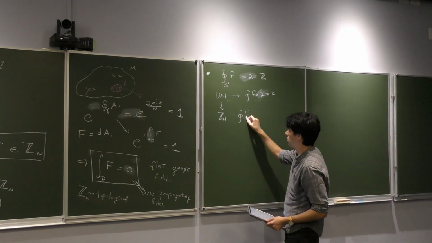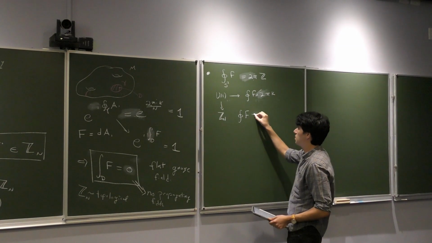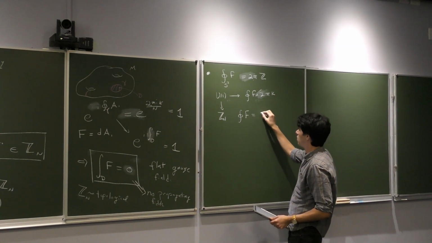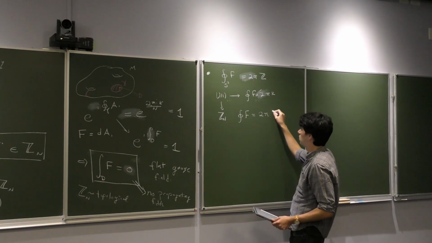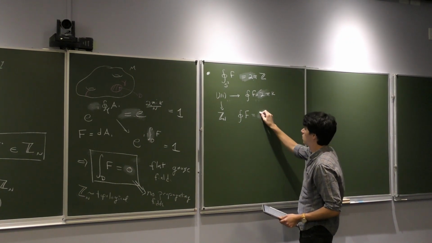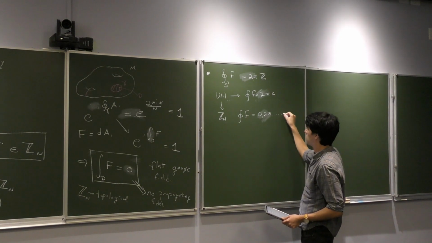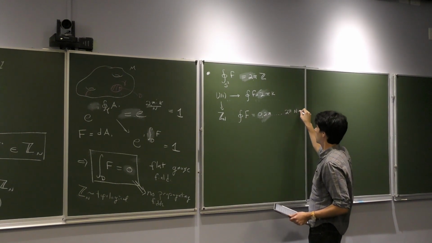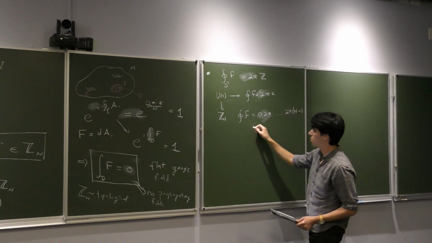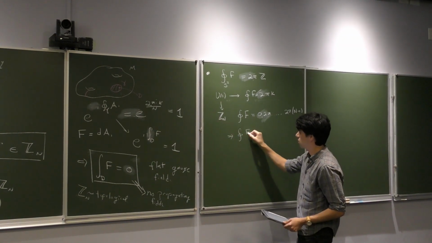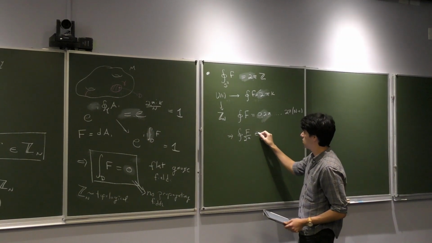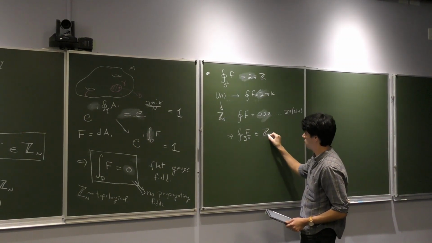There's actually only a Zn amount of information in a Zn gauge field. So it can be 0, 2 pi, up to 2 pi times n minus 1. So in other words, the integral of f over 2 pi is valued in Zn.